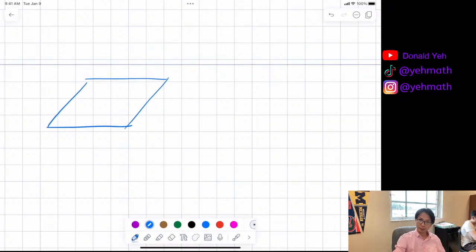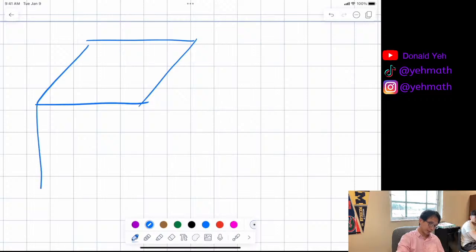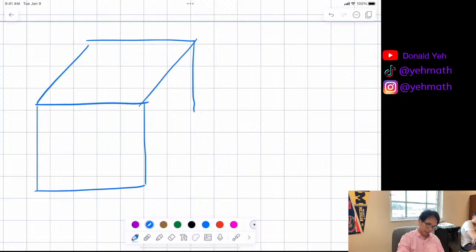You draw a parallelogram on top and draw a line straight down. Just connect the bottom. You draw a square in the front on the sides, not a parallelogram sideways.